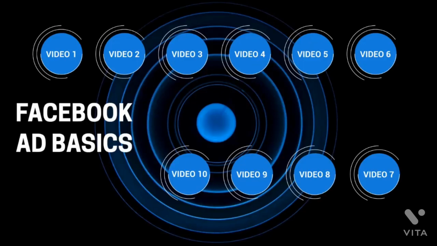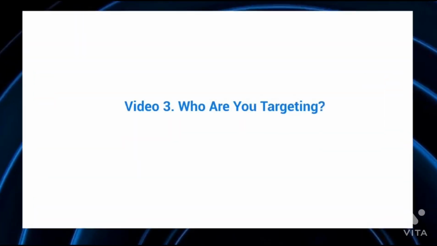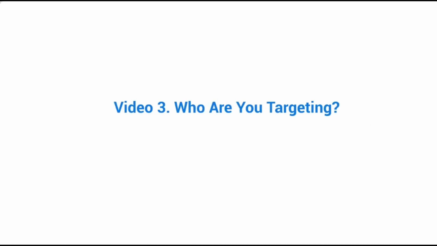Hello and welcome to video number 3. This is all about who are you targeting. One of the biggest mistakes that people make is they set up an ad assuming that it's going to convert, and it doesn't. Or maybe it converts a little bit, but then it crashes, it doesn't convert at all.